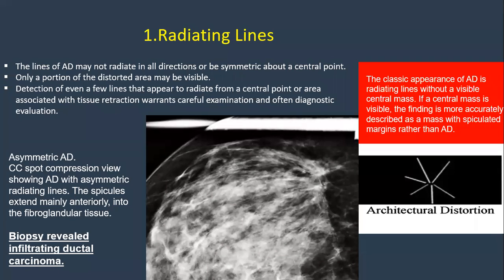You see only part of it, but anywhere you see subtle distortion, you have to take it seriously, clarify it, and further evaluate it to make sure there is no underlying suspicious architectural distortion, which can represent breast malignancy. In this case, the biopsy was infiltrating ductal carcinoma.